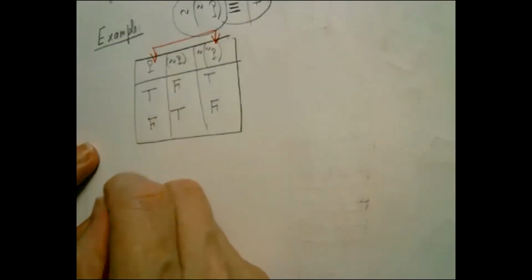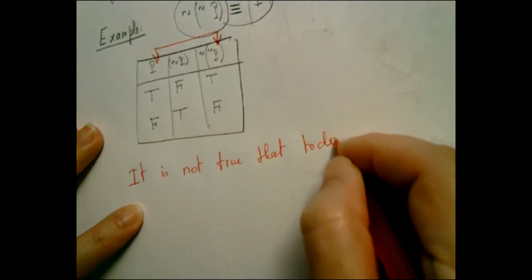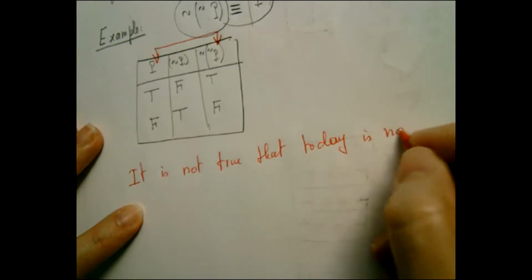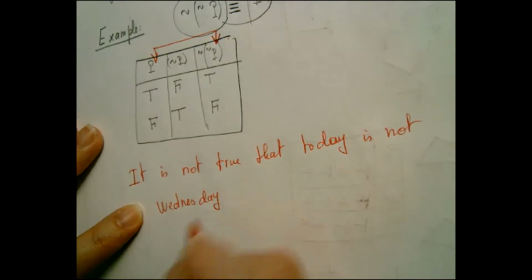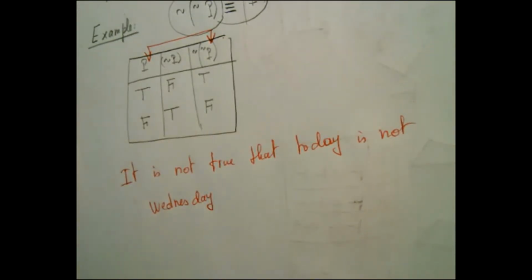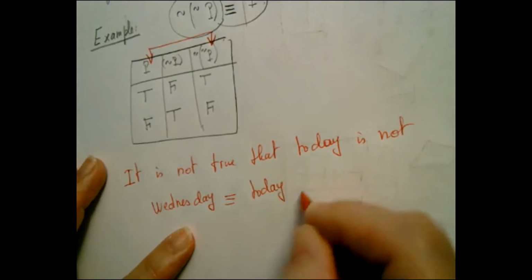So for example, if somebody tells you it's not true that today is not something, say not Tuesday, not Wednesday, so we're negating that today is not Wednesday. Basically, this is nothing more than today is Wednesday.